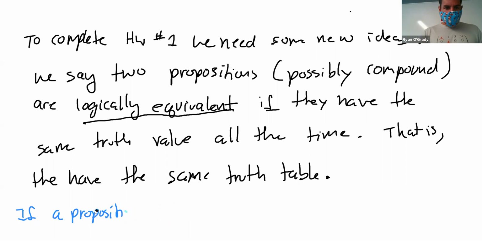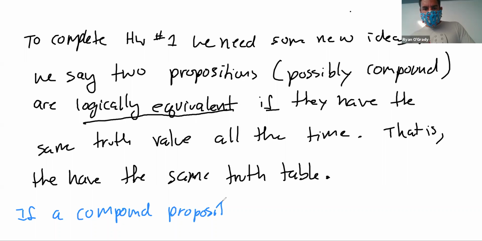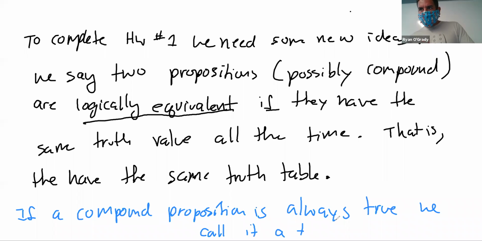So let's put it this way: if a compound proposition is always true, we call it a tautology. So that's the other word you need to know.